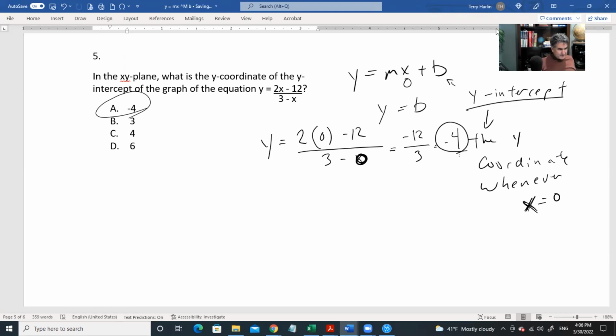So that's positive 4. 6 here would be 12 minus 12, which is 0, a numerator of 0, which means the whole thing is 0. So these are the different ways, particularly with D, that they try to trick you to put the wrong answer. But just remember, y-intercept means x equals 0, and that's what we need to put in there to find our answer choice.